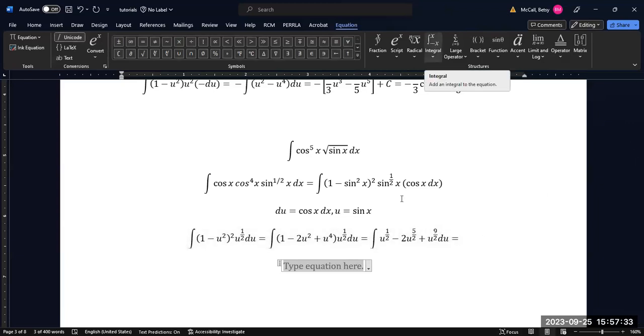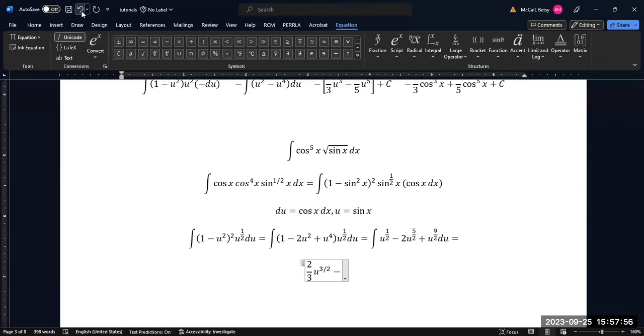And when we do our antiderivative, add 1 to the power, we're going to get u to the 3/2 times the reciprocal, which will be 2/3.